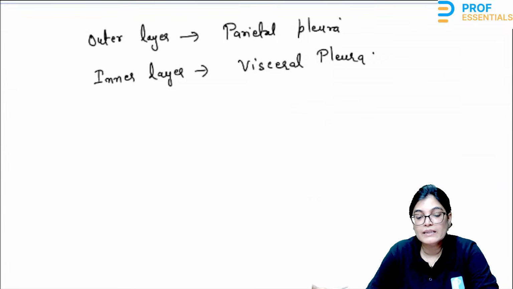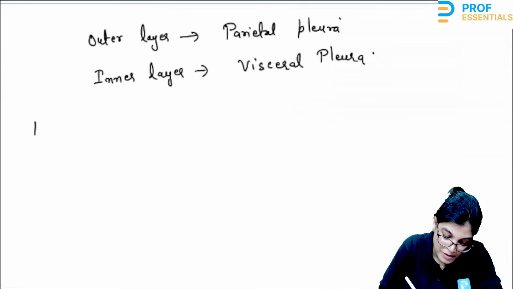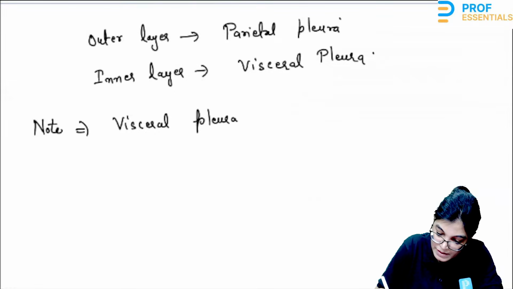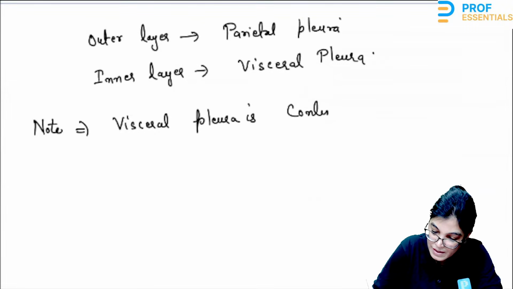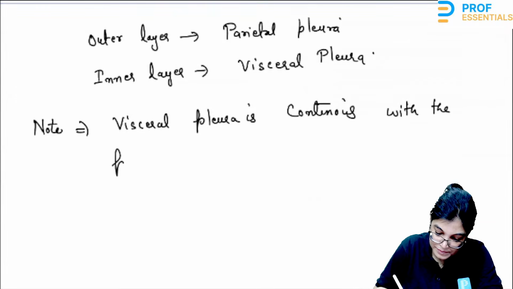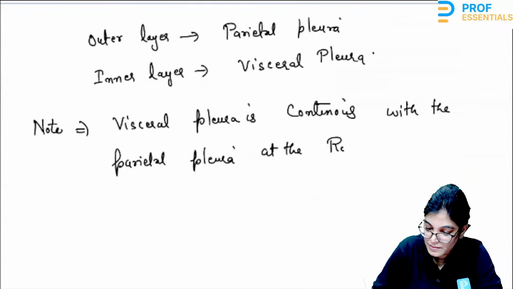So if I talk about the visceral pleura, it is continuous with the parietal pleura at the root of lung. One important point is that the visceral pleura is continuous with the parietal pleura at the root of lung.